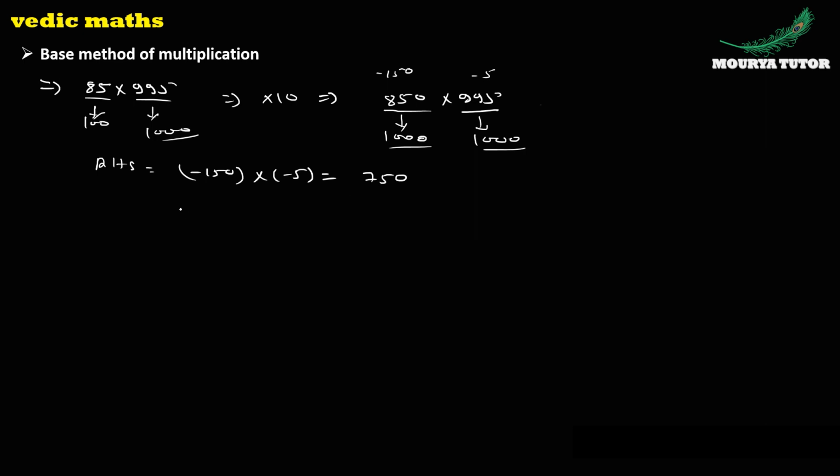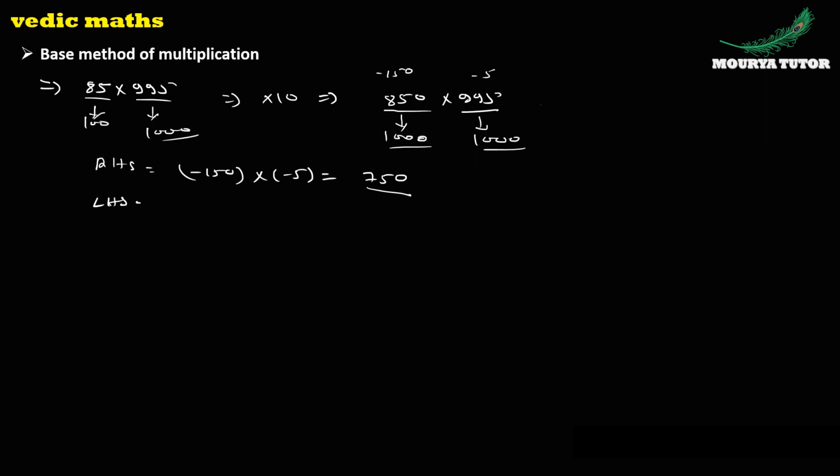All right, and the number of digits in the RHS will be 3 because the number of zeros in the base is 3. So here it is not less and not greater, so we need not do anything with the RHS. This is the final RHS.